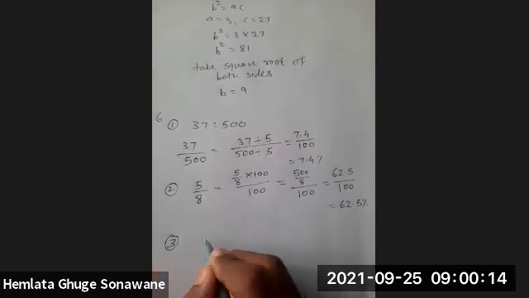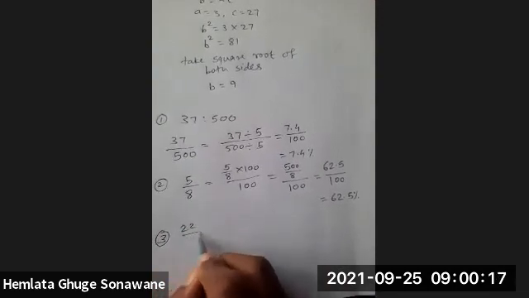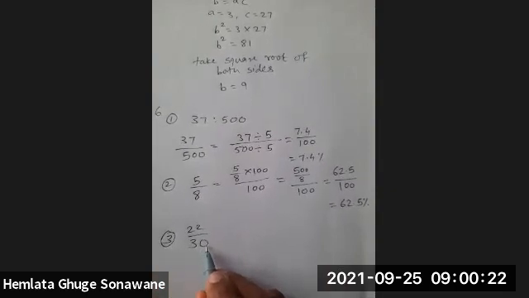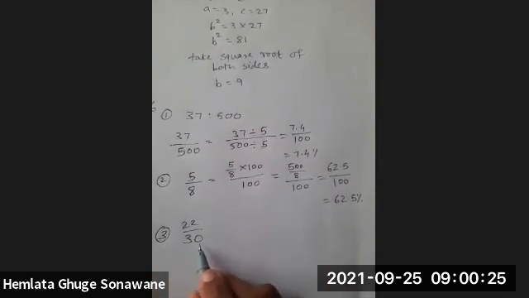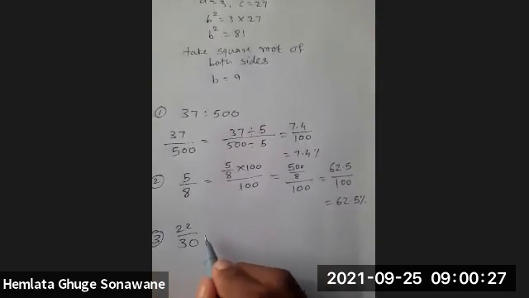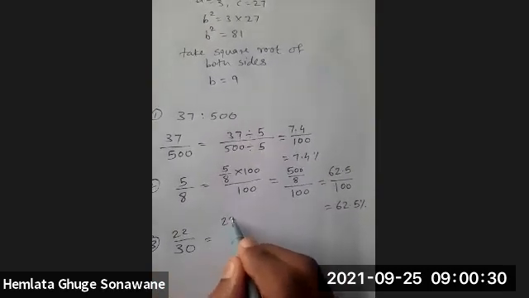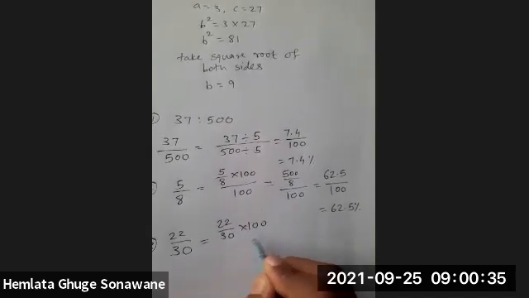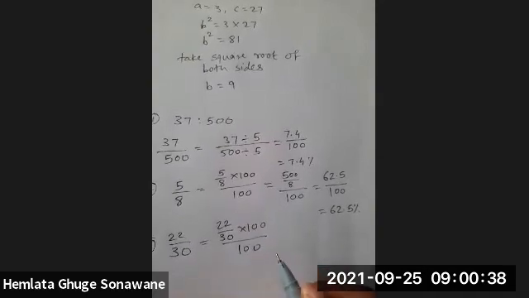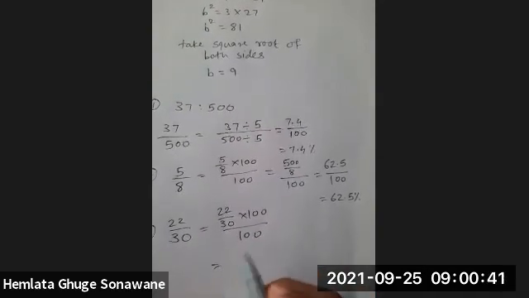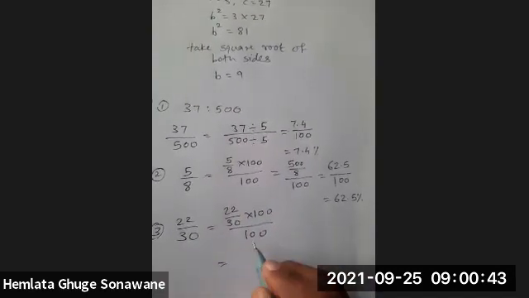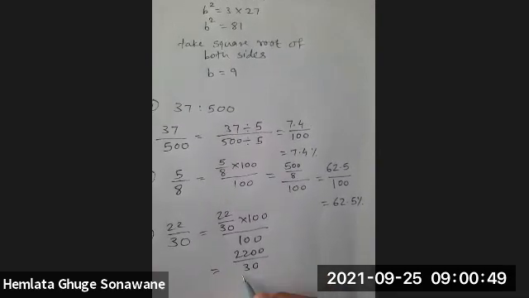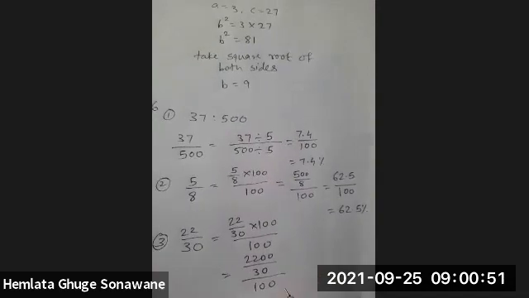Third example, 22 upon 30. Now here also we can't convert this 30 into 100 because we have to find out percentage. So what we'll do? We'll multiply and divide it by 100. So 22 upon 30 into 100 upon 100. We'll multiply 22 with 100, that is 2200 upon 30 upon 100.